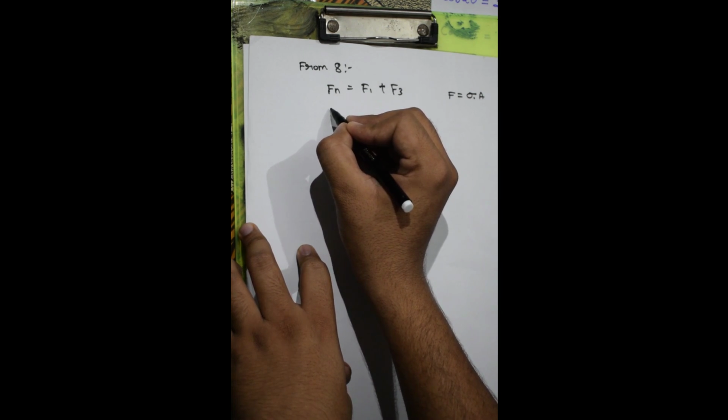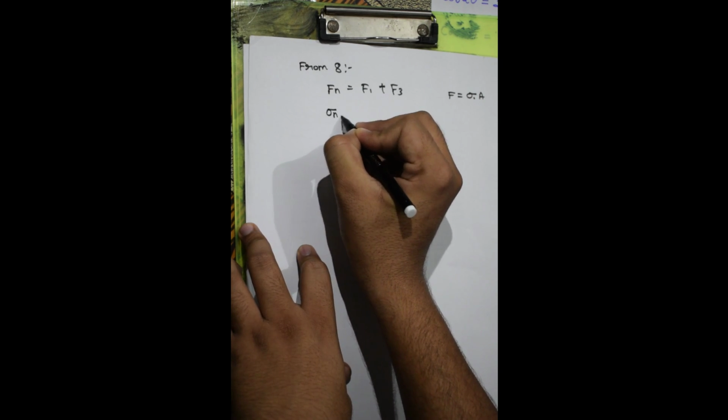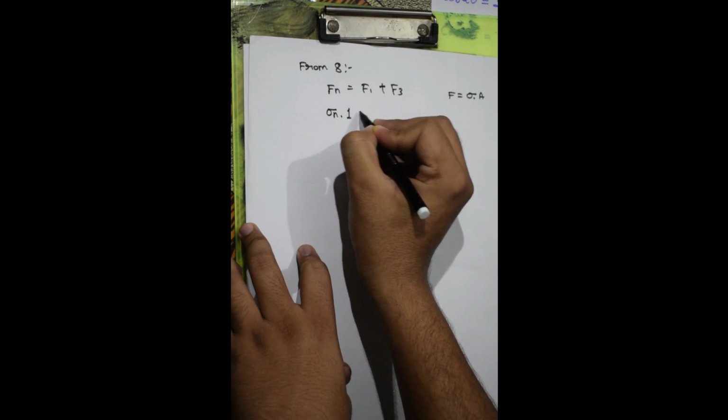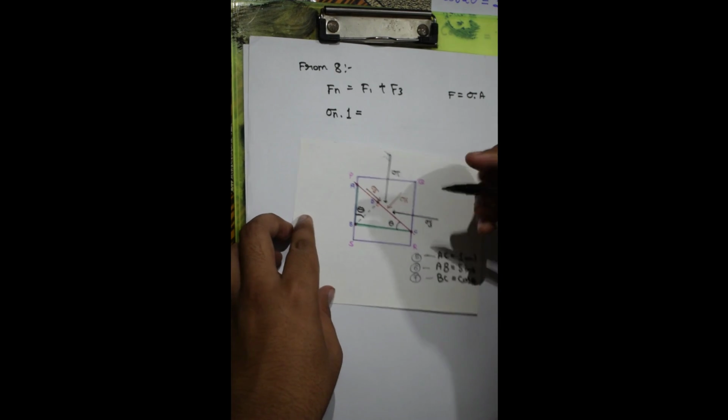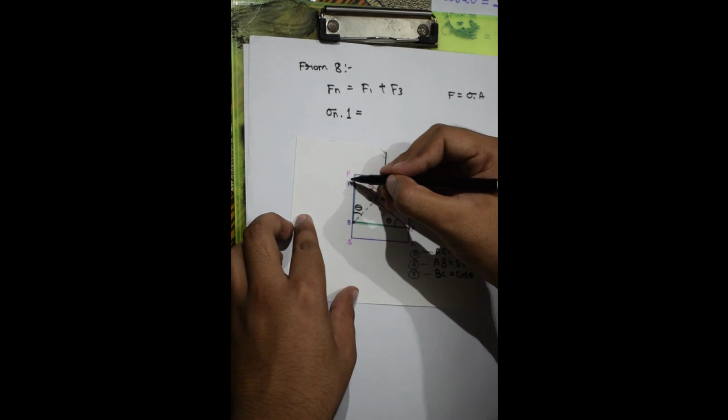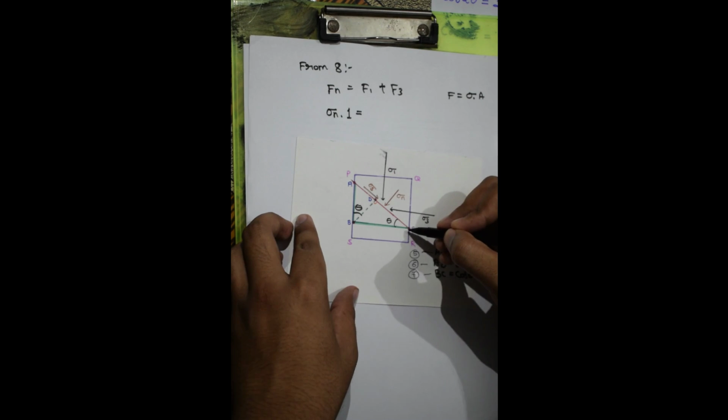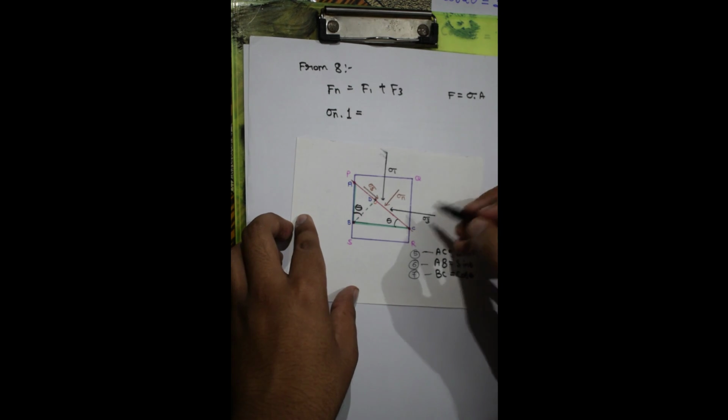Okay, so sigma n multiplied by 1, as sigma n, as you can see here, is applying on this trace AC, that is the fracture plane or the fault plane.